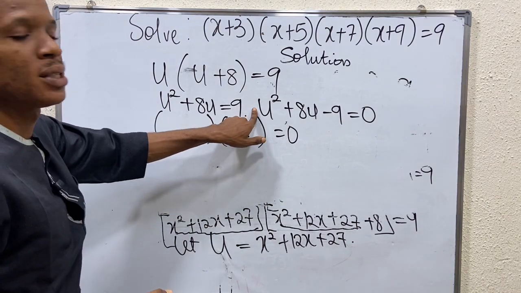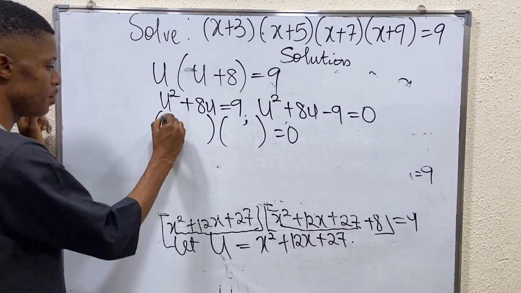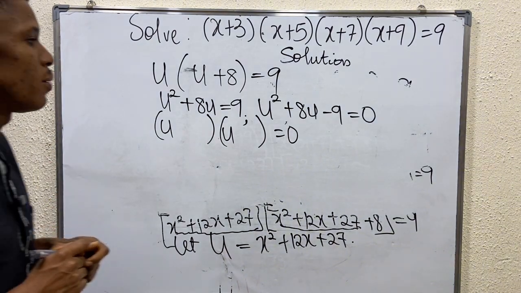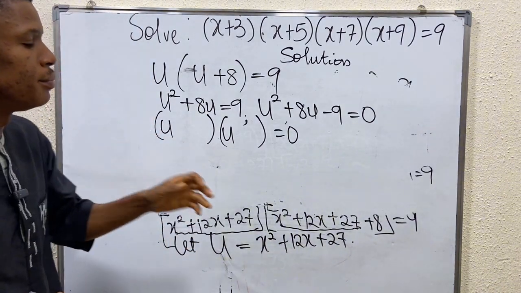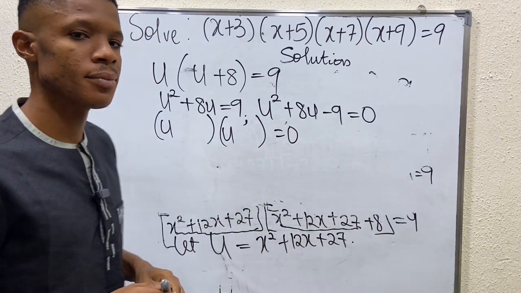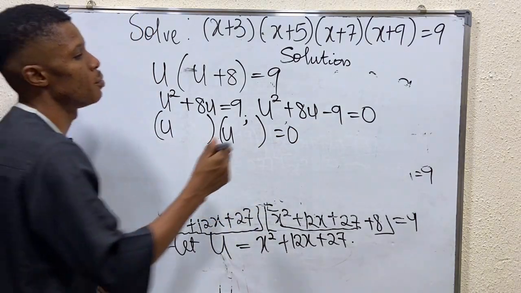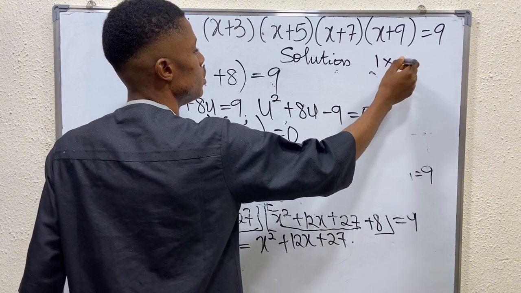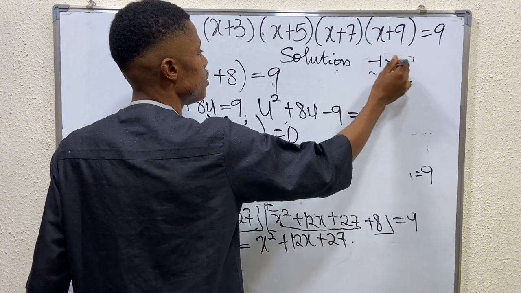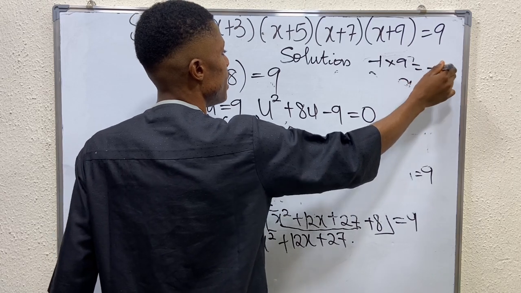Since the variable is u and has no coefficient, we place u in each one. Next we think of two numbers that multiply to get minus 9 but add to get 8. The numbers are clearly, when you multiply minus 1 by 9, you get minus 9.